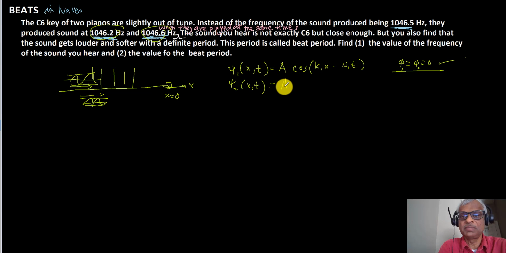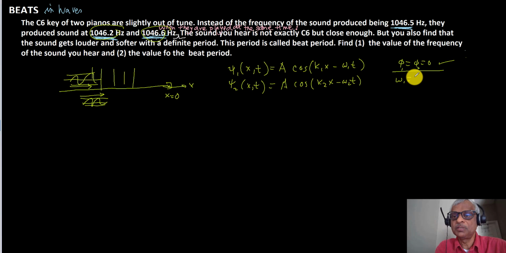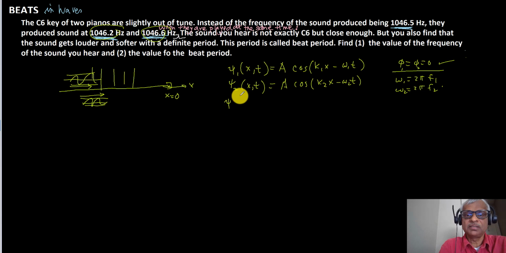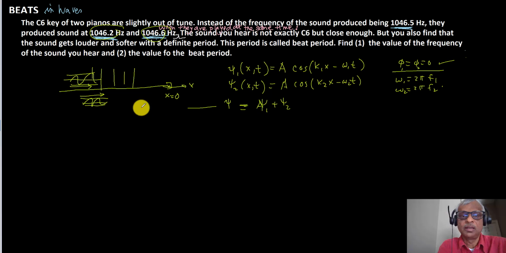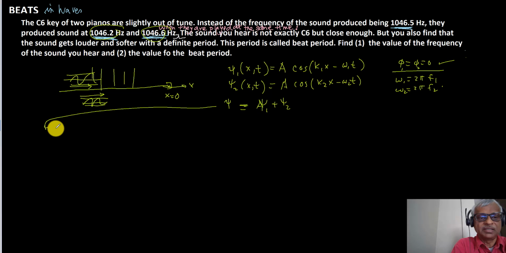So this is the same as that. If you remember, omega 1 is going to be 2 pi f1 and omega 2 is 2 pi f2. Okay, so the net psi is going to be the sum of these two, so this is psi 1 plus psi 2, and let's work this out.